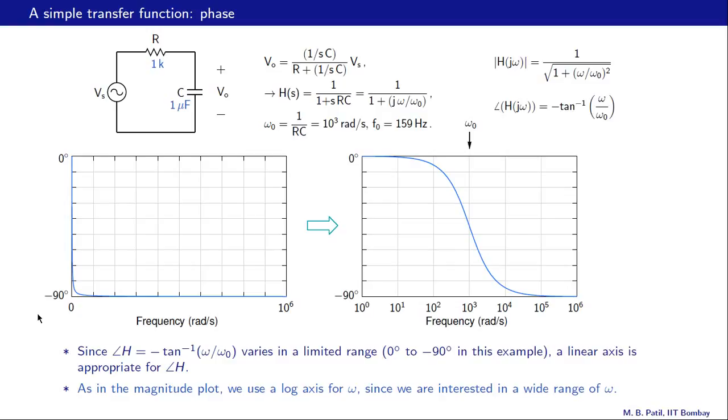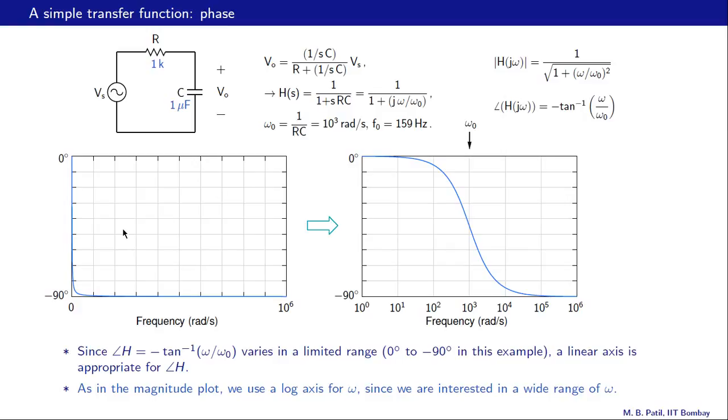Let us now talk about the phase of h as a function of omega, and if you recall, this is the relationship. Angle of h, or the phase of h, is minus tan inverse omega by omega 0, and omega 0 for our example is 10 raised to 3 radians per second.